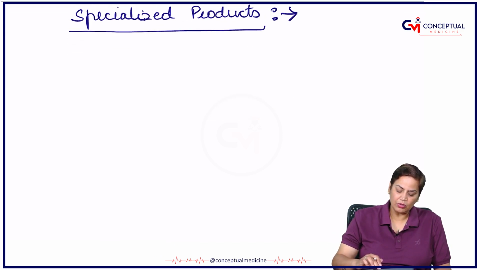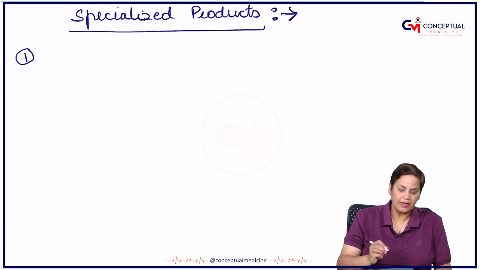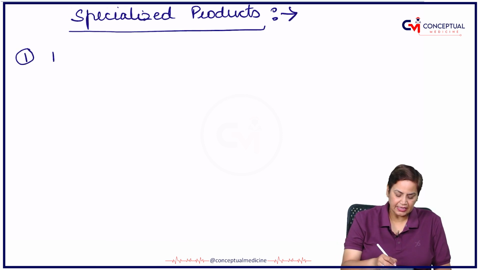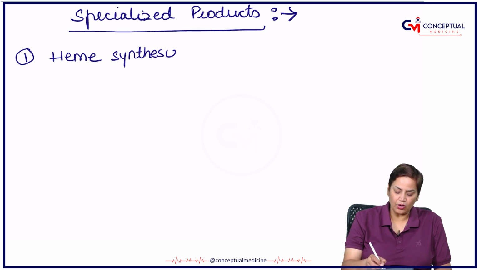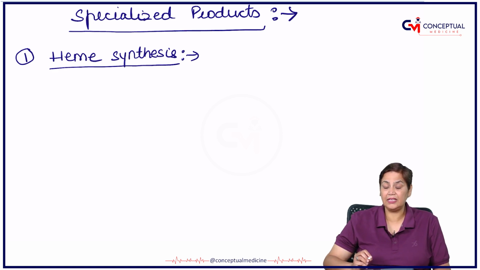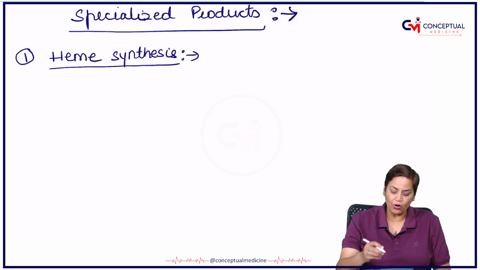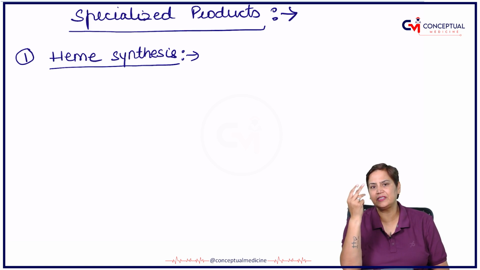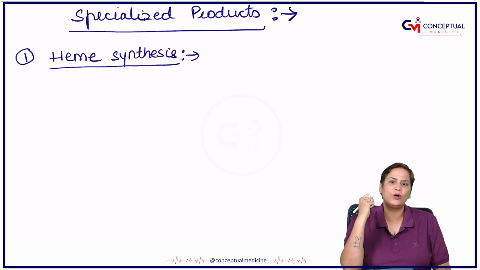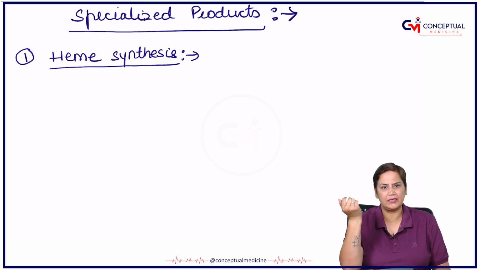Now if we talk about the first one, it is heme synthesis. So always remember that glycine is required for the synthesis of heme, and we all know that heme synthesis takes place in two compartments, mitochondria and the cytoplasm, right?